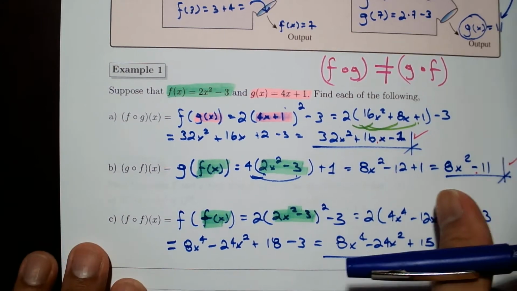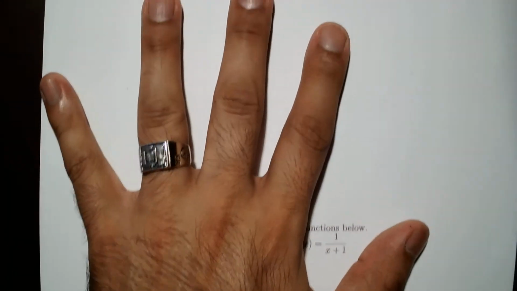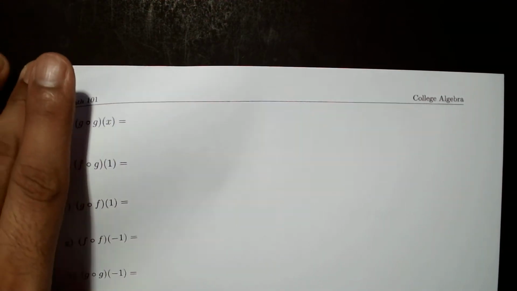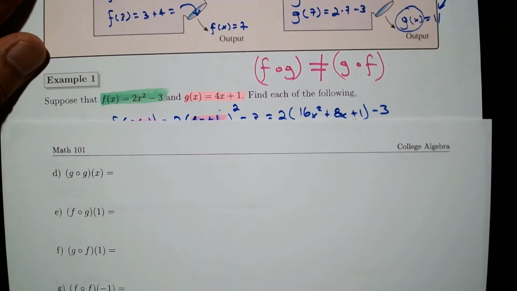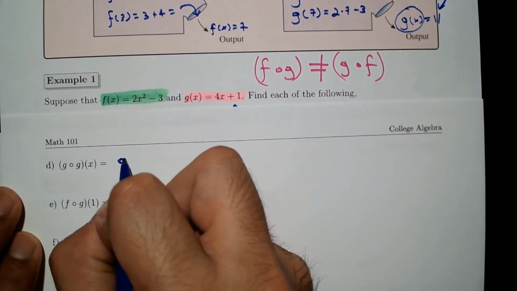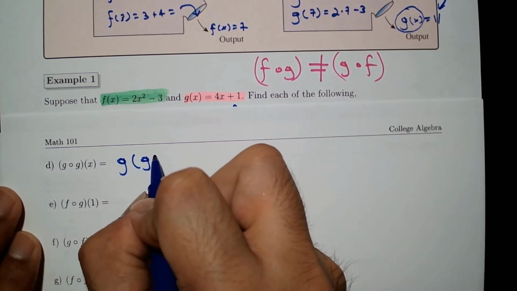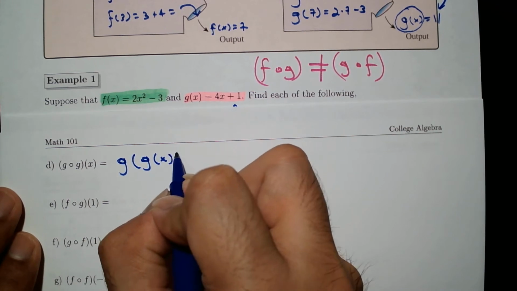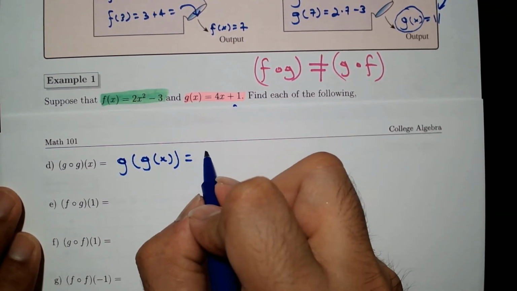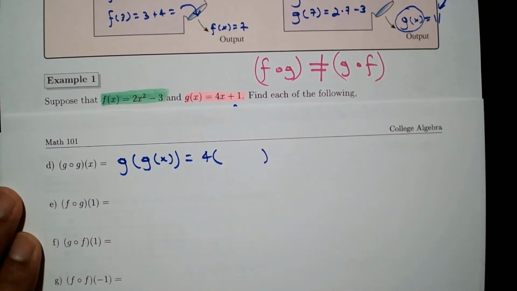Alright, let's move on to the next page to find out what we are going to be asked to do. So now we are going to evaluate the function g at itself. Let me see if I can put the page here so we can use that as a reference. So what we're going to do in this case is g evaluated at itself, g of x. So the function g, which is 4 times x, but I'm not going to write x anymore.